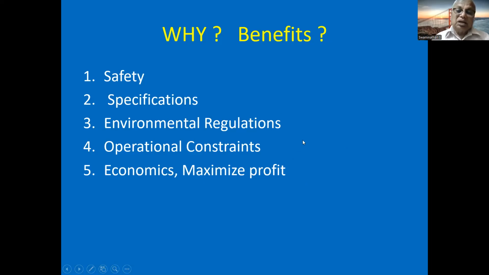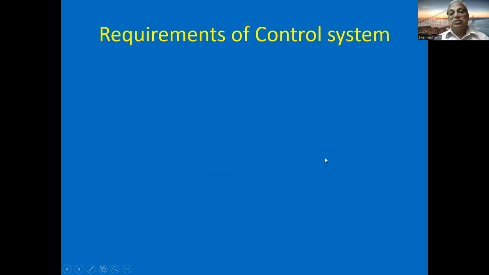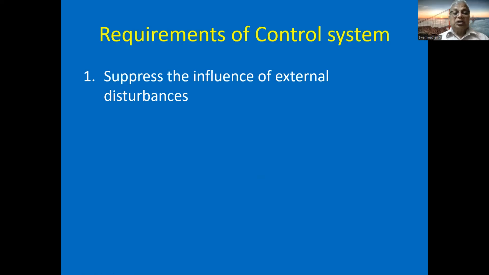But what are the requirements of the control system? What should it do? We'll see the overall requirements. We will go into the depth of these points as we go into the subject, chapter by chapter.